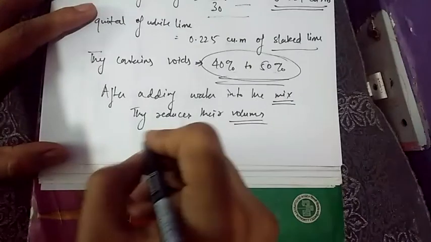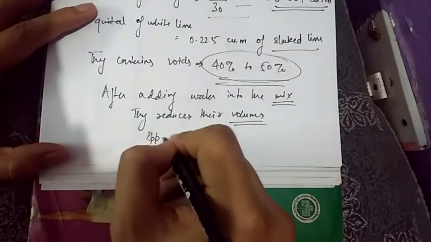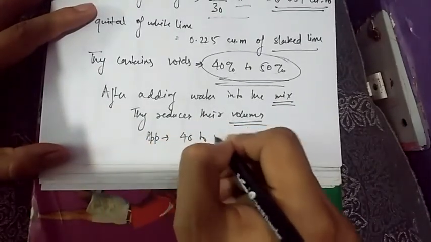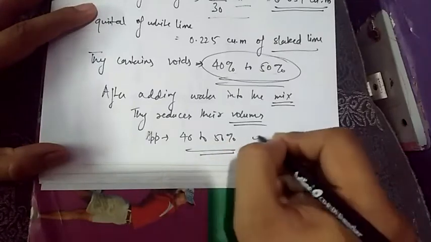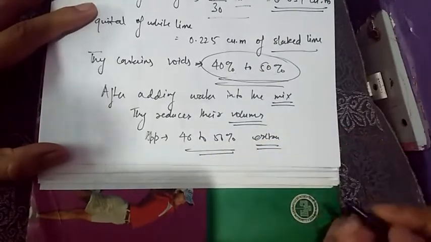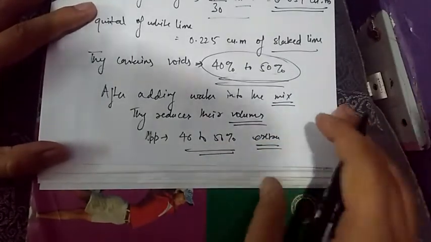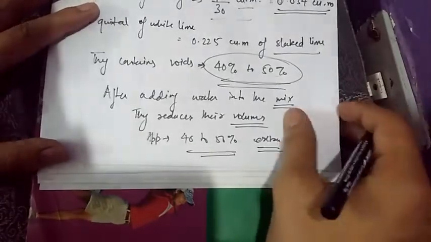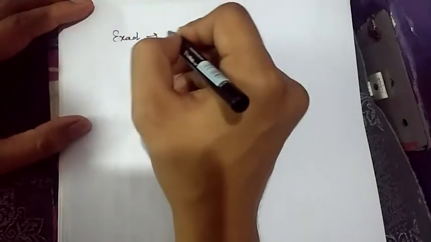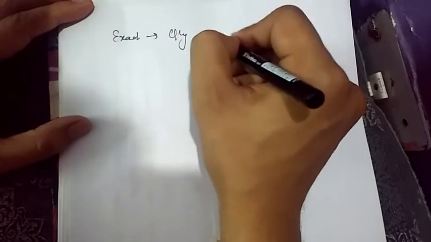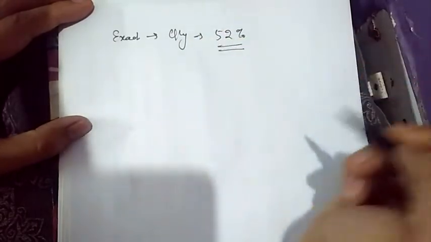So we take approximately 40 to 50% extra cement or lime. Although the exact quantity is 52%.